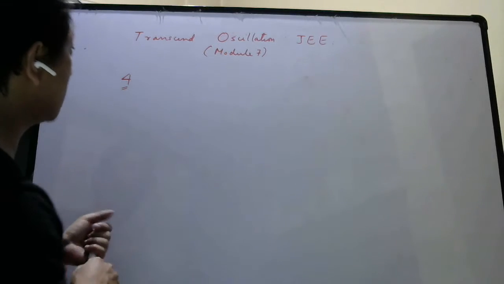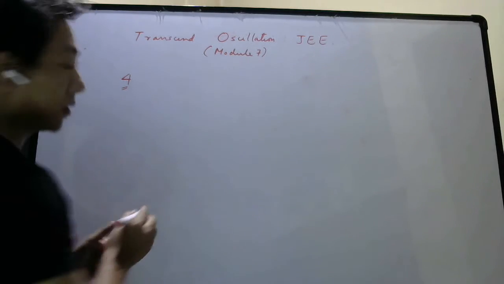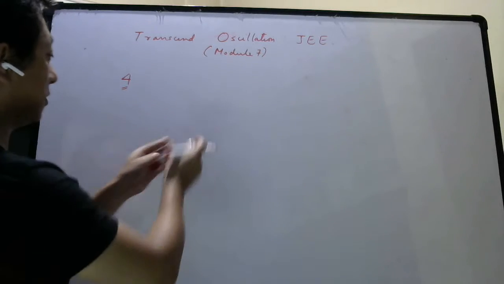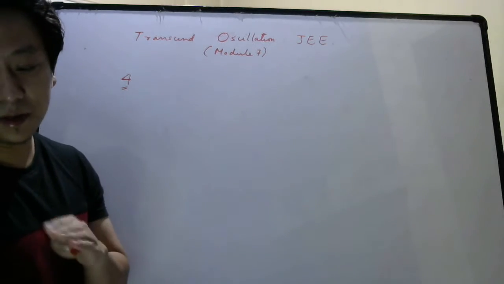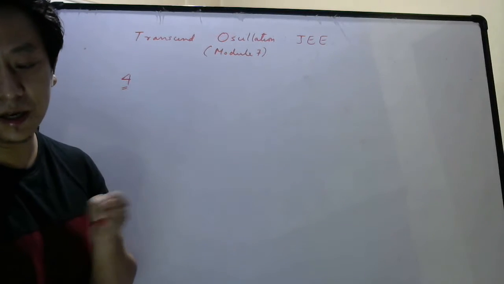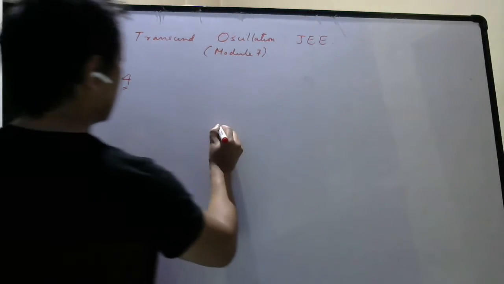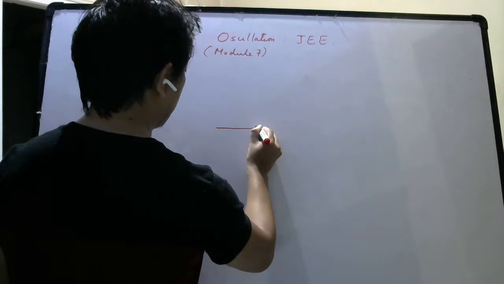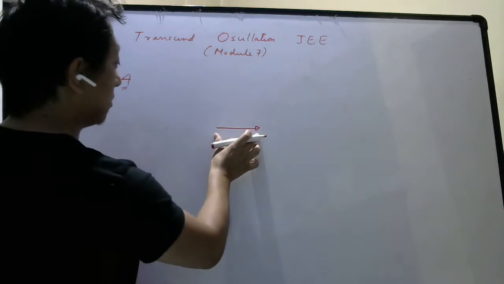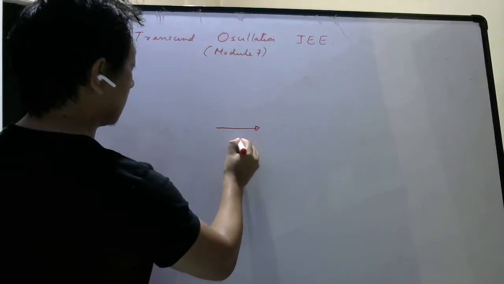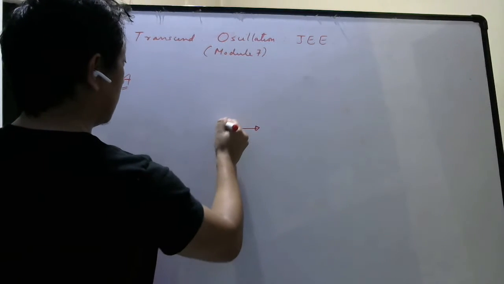So there are three simple harmonic motions. Each of them has the same amplitude, so the length of each arrow will be the same, but the phase of the second motion is 60° ahead of the first. Let us say the first simple harmonic motion is represented by this phasor. This length is your amplitude, which is A. The other one is 60° ahead.